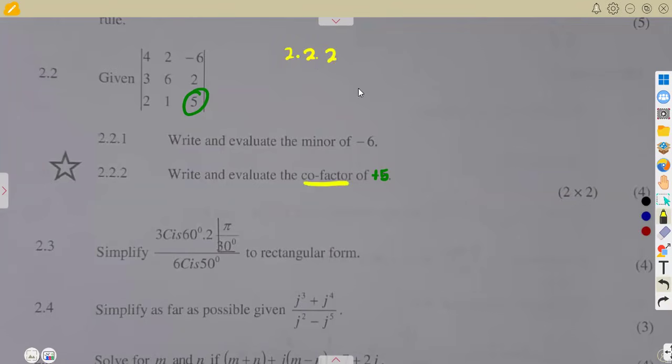So the cofactor, remember, a cofactor is a signed minor. It is a signed minor, a minor that is being multiplied by the sign that corresponds. Remember, the matrix of signs: you start with a plus, followed by a minus, a plus, and so on. So it's plus, minus, plus, minus, plus, minus, plus, minus, plus.